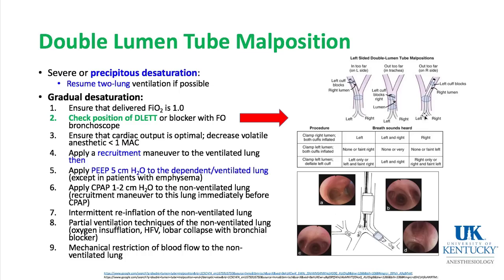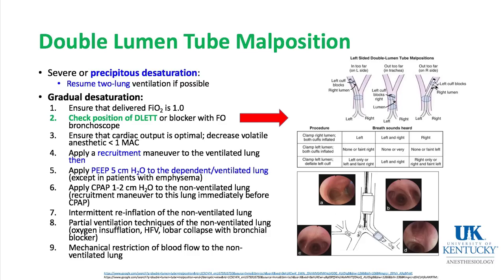In the case of the far right, you can see a tube that's been passed, instead of going out the left side, which left-sided tubes usually do, it has gone out the right side. And in this case, if you tried to clamp the left side and ventilate through the right, you're not going to get much gas going out to that right lung because the cuff is going to block the passage of gas. So tube malpositions with left-sided double lumen tubes can occur.